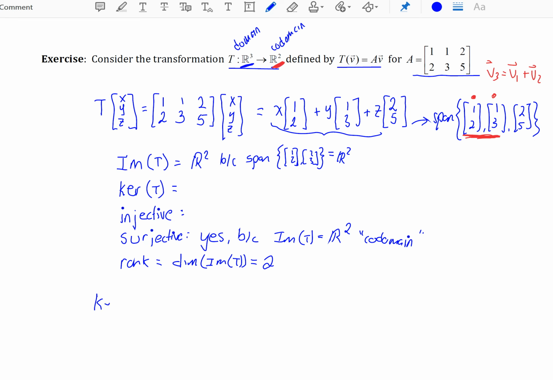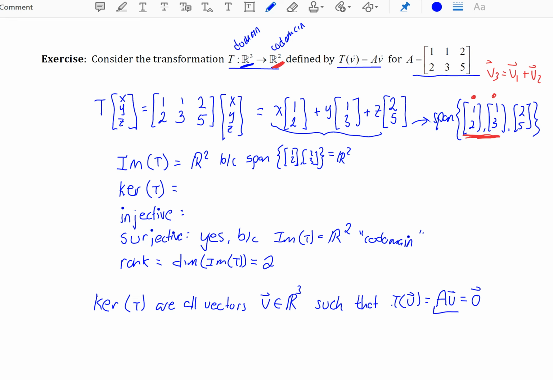So now recall, the kernel of T are all the vectors v that are in your domain R3 such that T of v, or Av, is equal to 0. They're the things that get mapped to the 0 vector.